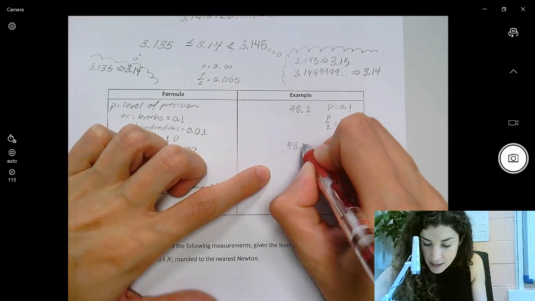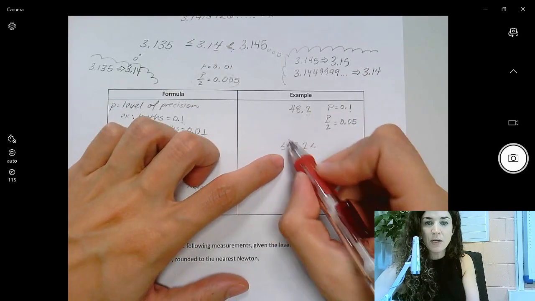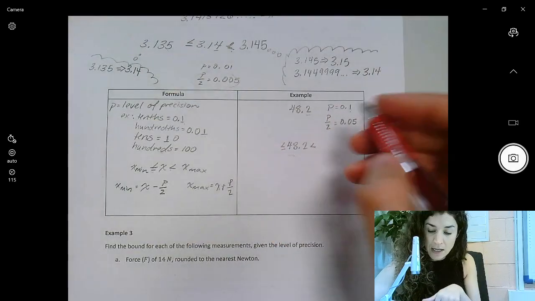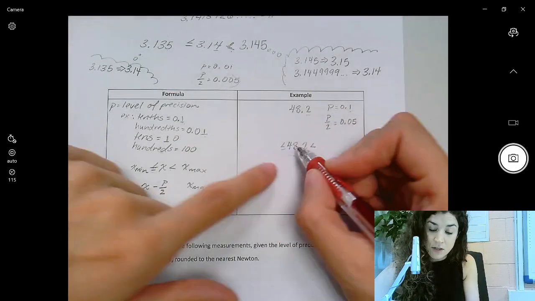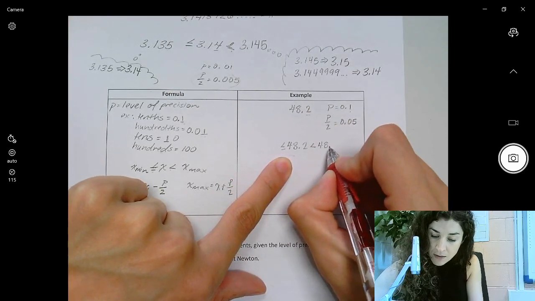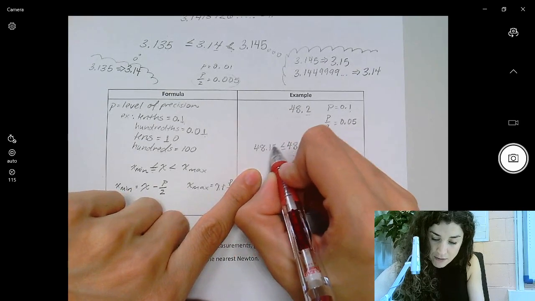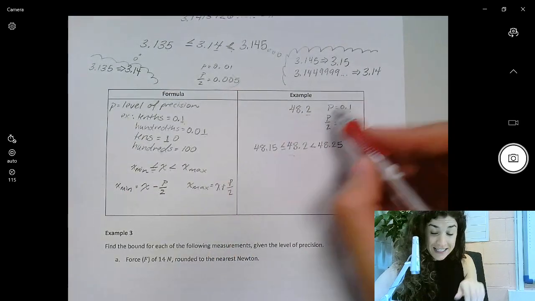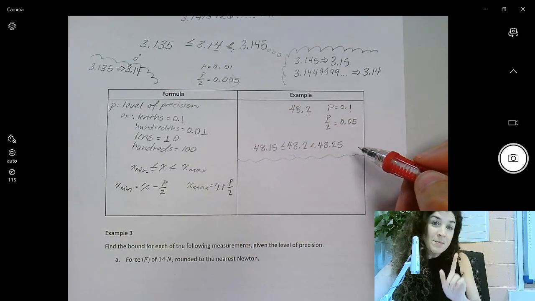So I then take the number that I rounded and create the skeleton of this situation. So I put in the bounds, the inequalities there already. And then I just say, okay, I can take my calculator, or I can do it in my head. And I add 0.05. And I subtract 0.05. And that gives me my bounds. And that's it. When it's asking for bounds, that's all you have to do.